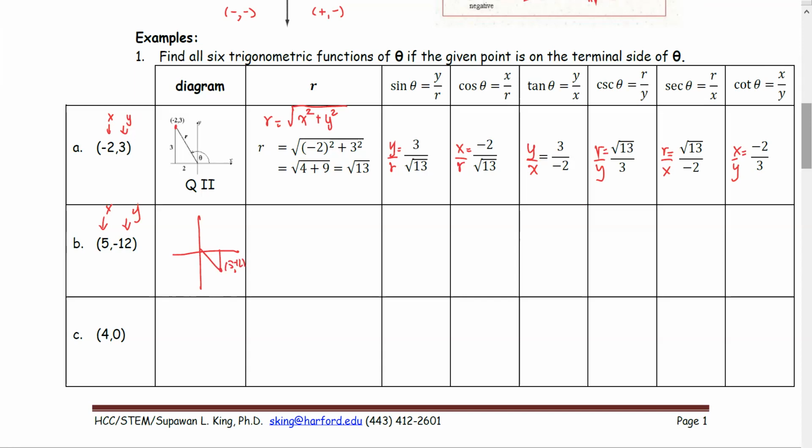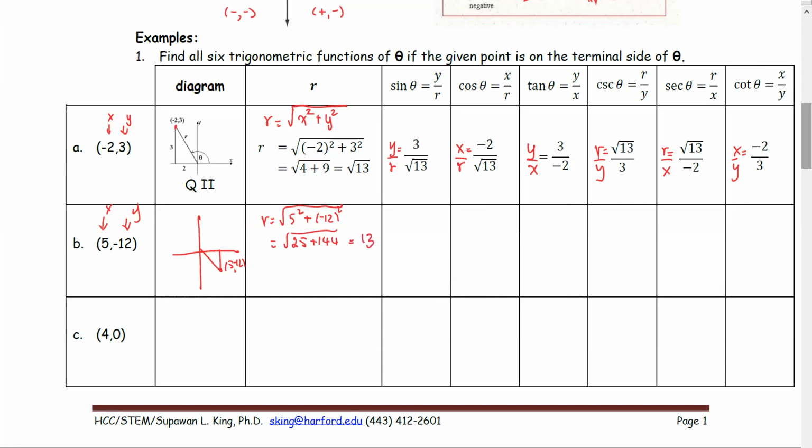To find r, which is the distance from the ordered pair (5, -12) to the origin, r equals the square root of x squared plus y squared. That will give us the square root of 25 plus 144, or the square root of 169. That comes out to be 13.